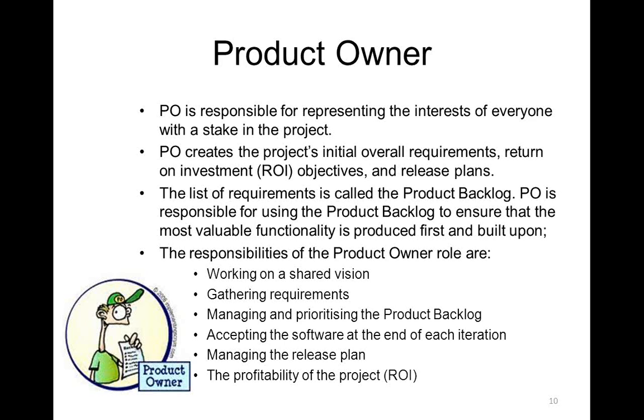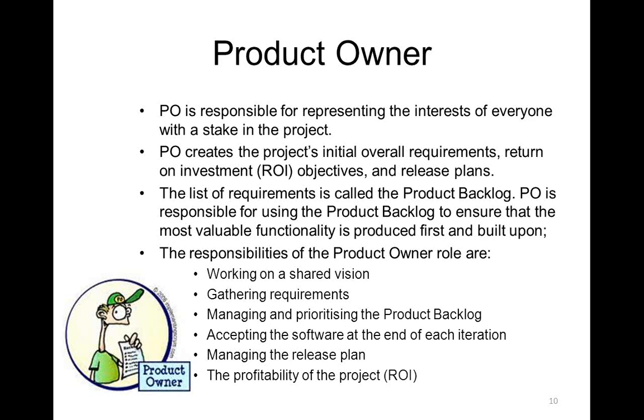Now this product owner comes out with all the requirements. Like in a normal transaction, the customer spells out what he or she exactly wants, and then the supplier will try to develop and deliver those things.